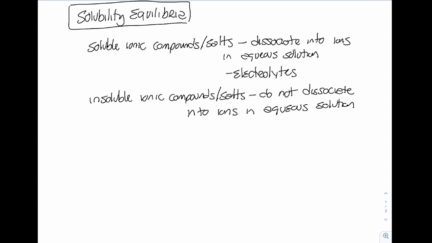They're not going to form charged particles in water. In actuality, they do actually dissociate to a small extent. So in the past, we've probably just said they don't, but really about 5% or so does tend to dissociate. So these do actually dissociate to a small extent.